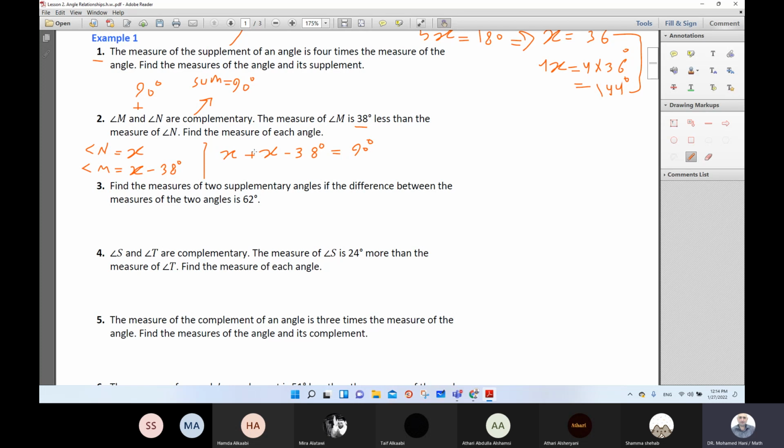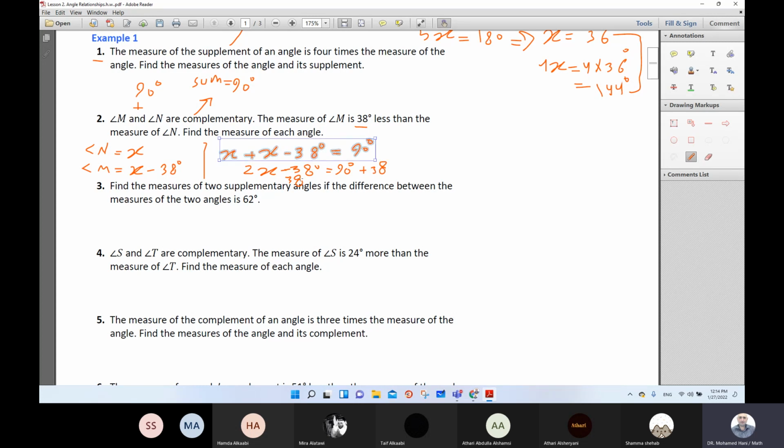You can combine the like terms. x plus x equals 2x minus 38 equals 90 degrees. Then we can add 38 to the two sides.